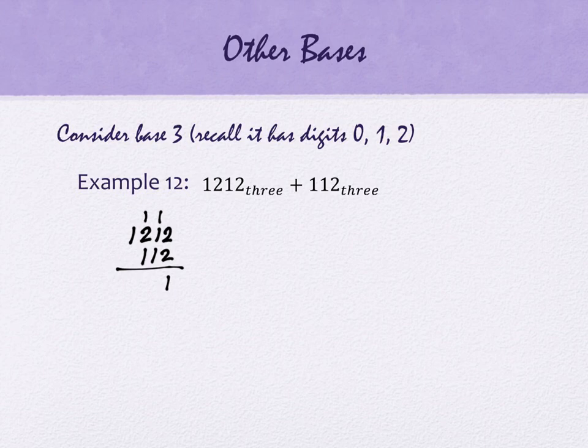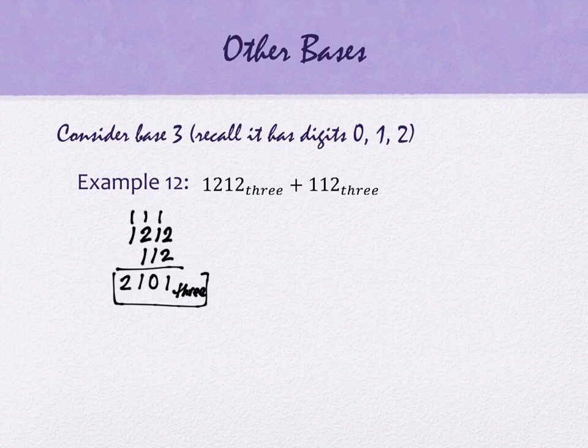So I carry it over, and I have nothing left to write down after I've regrouped it. I have 1 plus 2 plus 1, which is 4, which is one group of 3 with 1 left over. And then I have a 1 and a 1, which is a 2. And always at the end, oops, we need to write the base, which is 3 down. Okay?